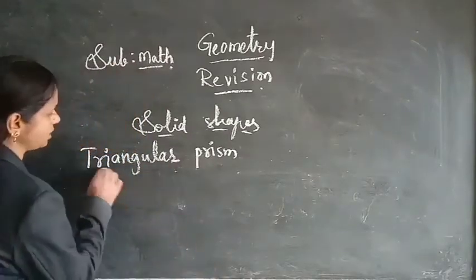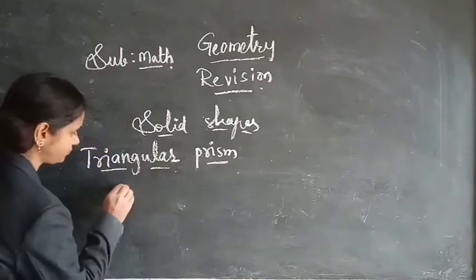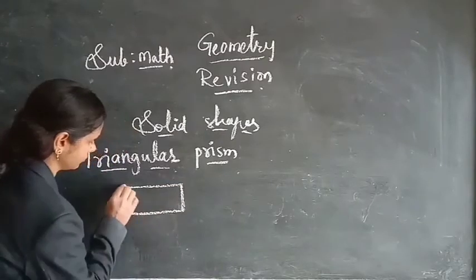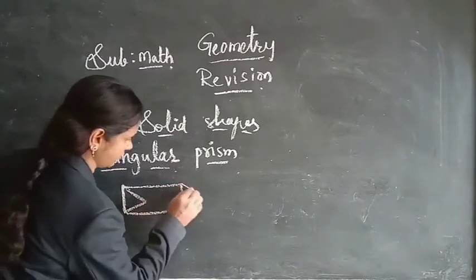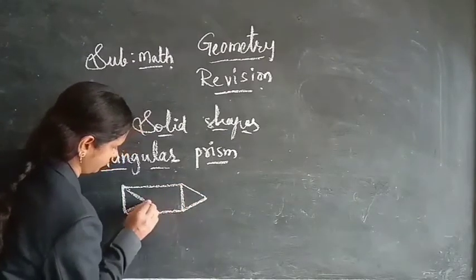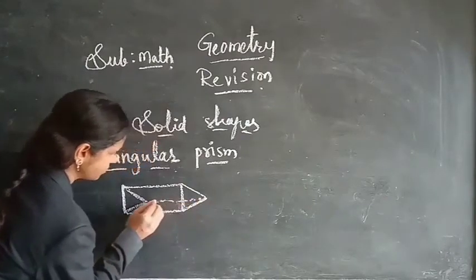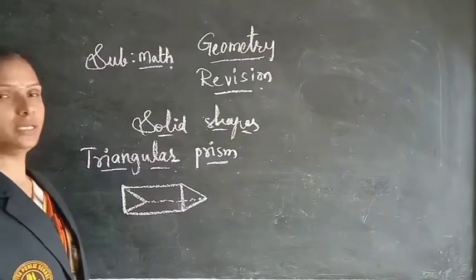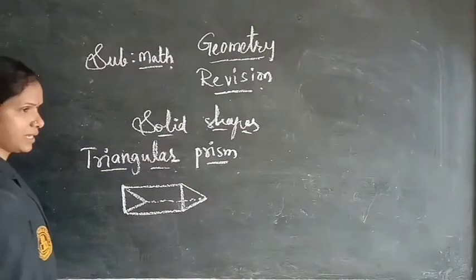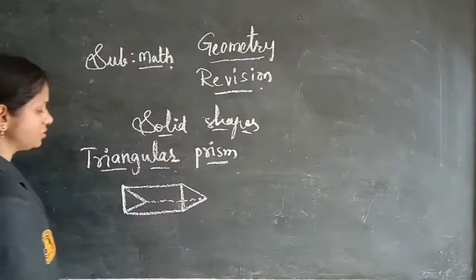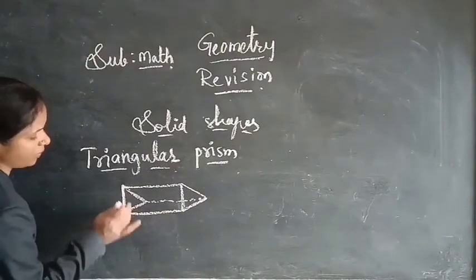You can see the triangular prism here. This is a triangular prism children. See here, a triangular prism has sides of triangular shape.